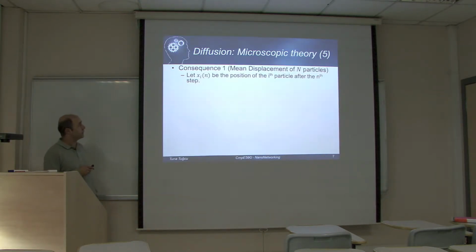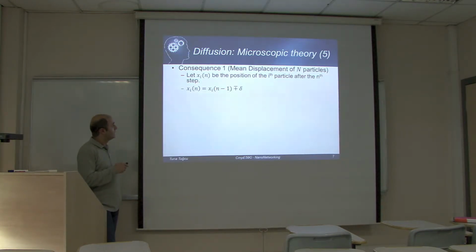So consequence 1 is the mean displacement of N particles. Let x_i of n be the position of the ith particle after the nth step. Okay? Then x_i of n would be what?